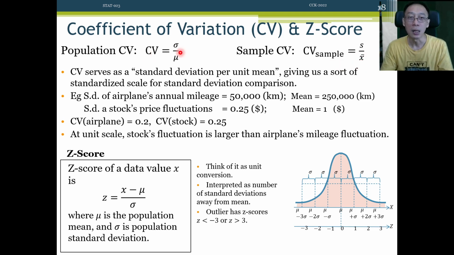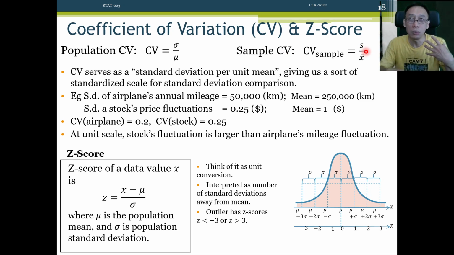So notice that even though the idea is the same, use the standard deviation divided by the average, the symbols, when you write down, you need to be particular about it because it will lead to quite a lot of confusion if you're analyzing a sample and you somehow write sigma over x bar. I have no idea what you're talking about. You see that?